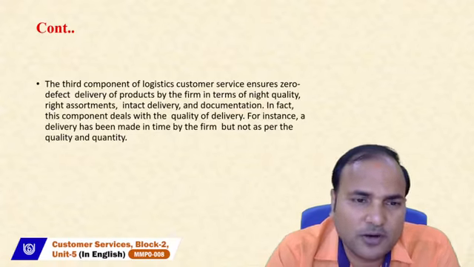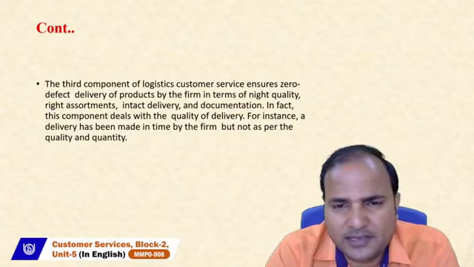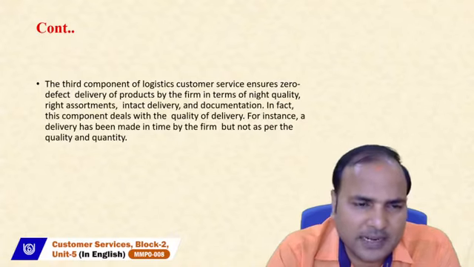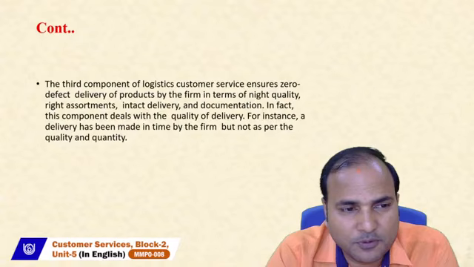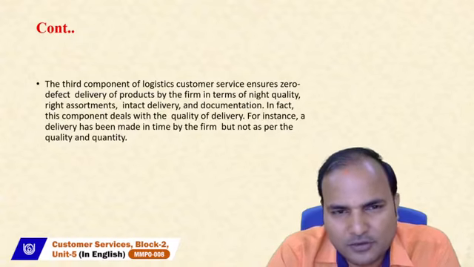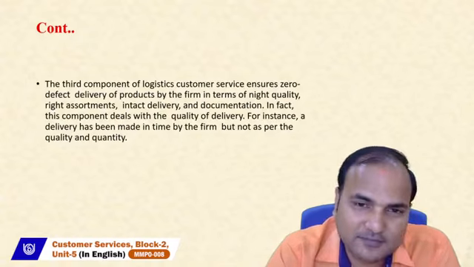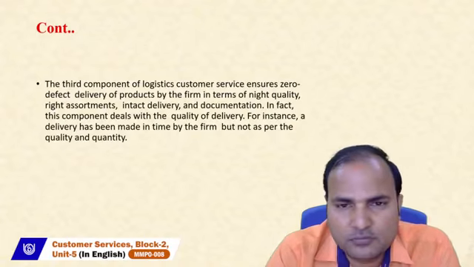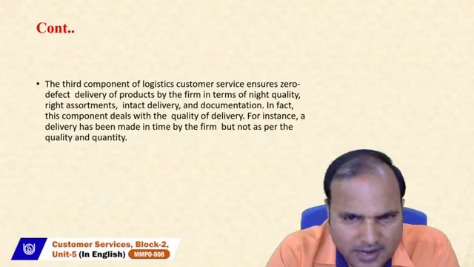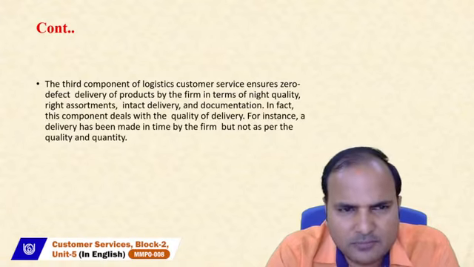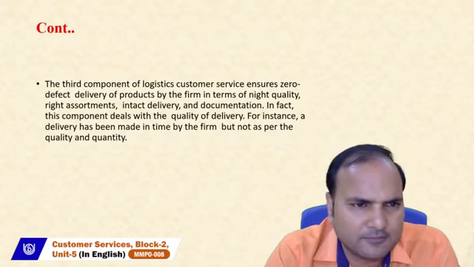In fact, this component deals with the quality of delivery. For example, a delivery has been made in time by the firm, but not as per the quality and quantity. So it is also a challenge. We have to assure all aspects: right time, right quality, right delivery, right quantity, everything.